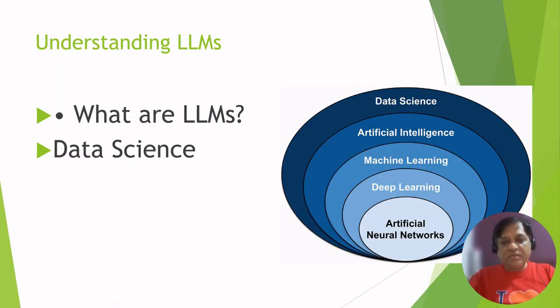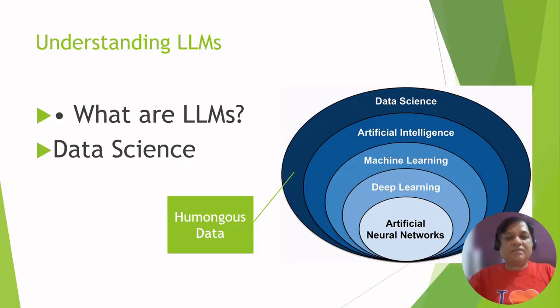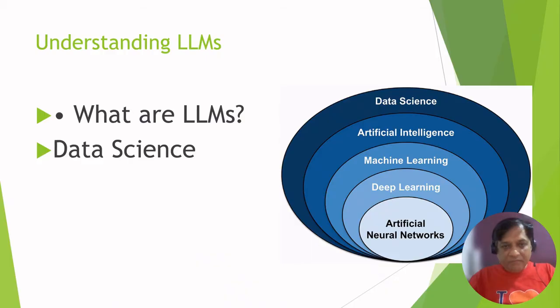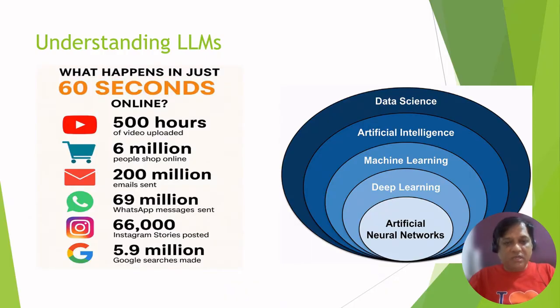If you see this figure, data science is the main set under which artificial intelligence, machine learning, deep learning, and artificial neural networks come in. Why? Because they all depend on data. Currently, data science has a humongous amount of data. If you see today, what happens in just 60 seconds online?